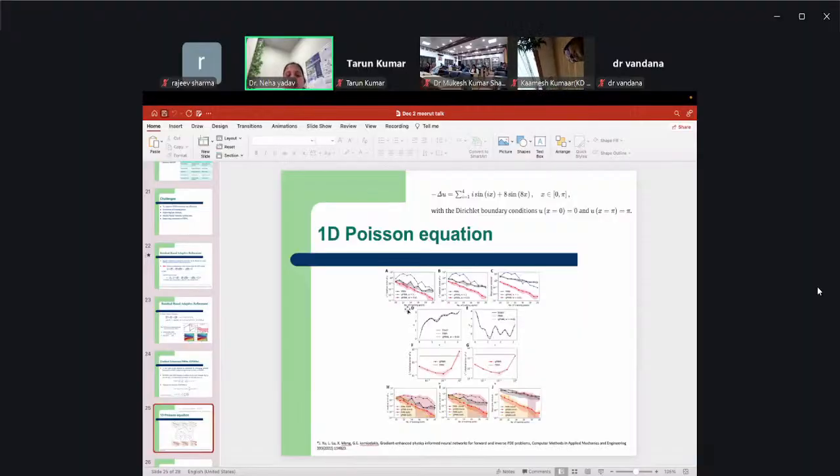So now you see that when the number of training points is increased from 10 to 20, first of all, one observation is when the weights are chosen as one. Weights chosen as one means w_f L_f plus w_i L_i, the weights we have for the initial condition and PDE residuals. If it is one, we are using it as a standard PINN.